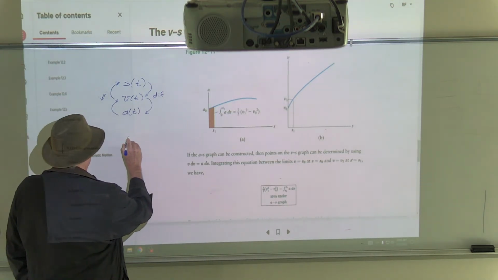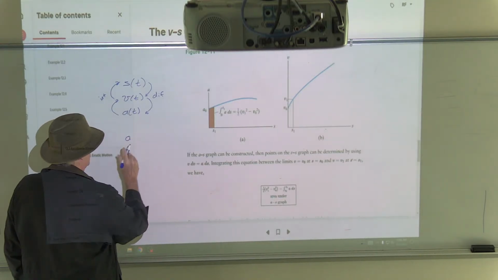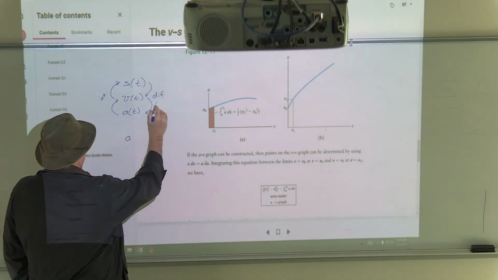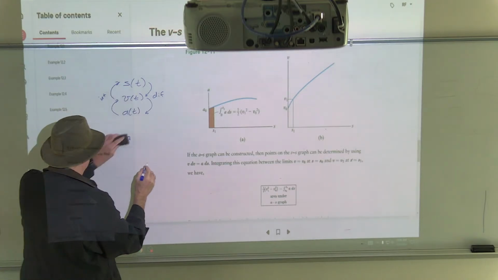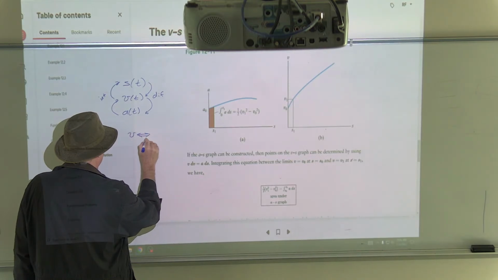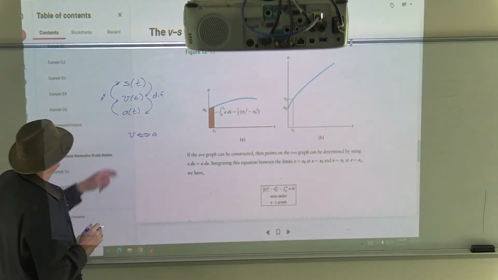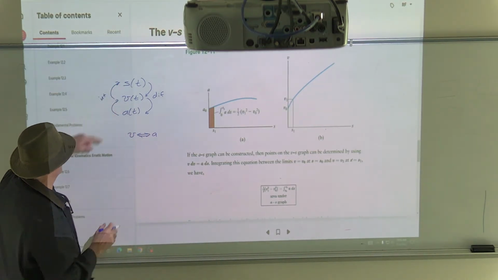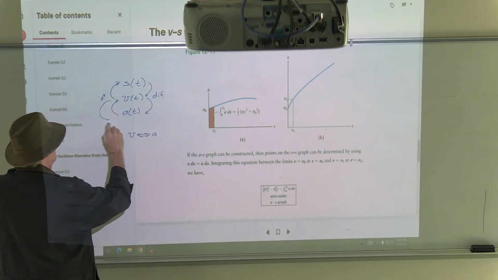So you realize that this only applies in the connection between the velocity and the acceleration. It doesn't occur here. It occurs in this section.